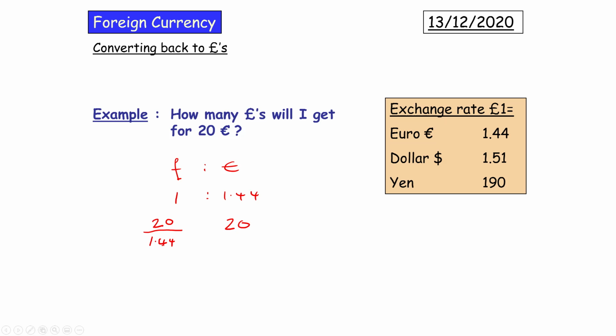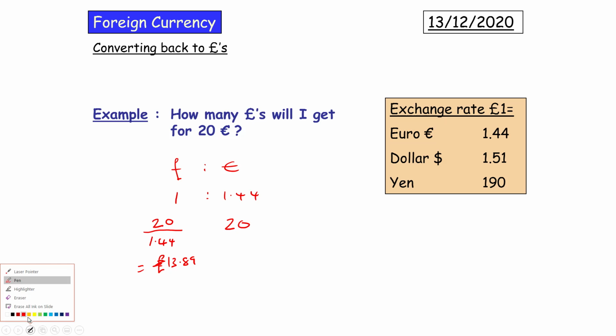You can use your calculator to find out how many pounds you get. And you should have 13.89 to 2 decimal places. So let's write that as equal to 13.89 pounds.